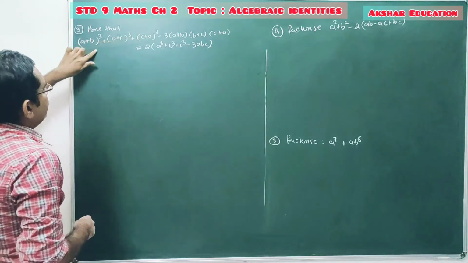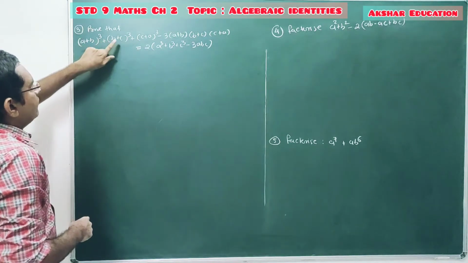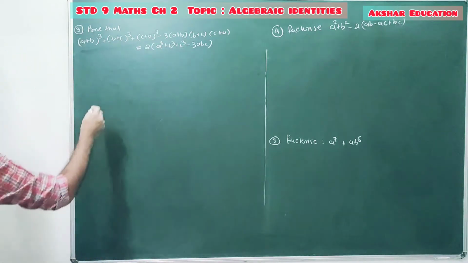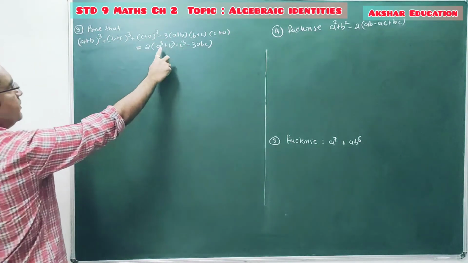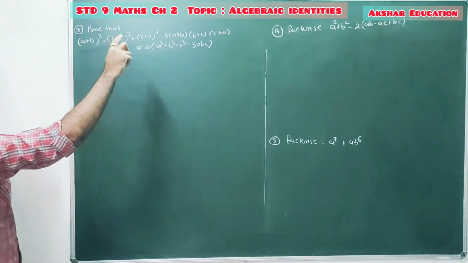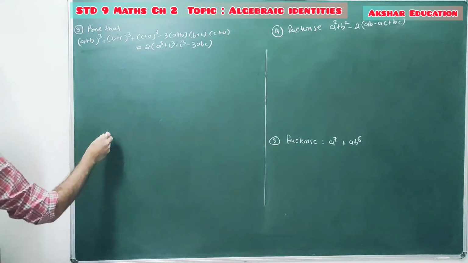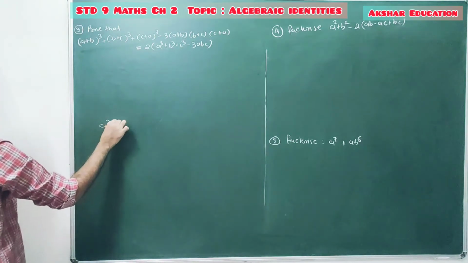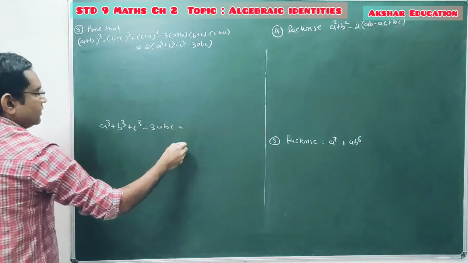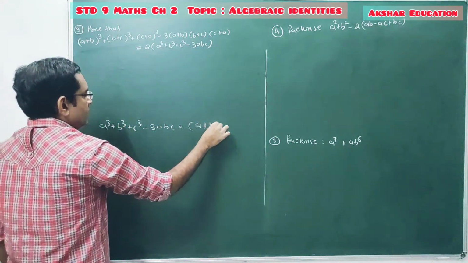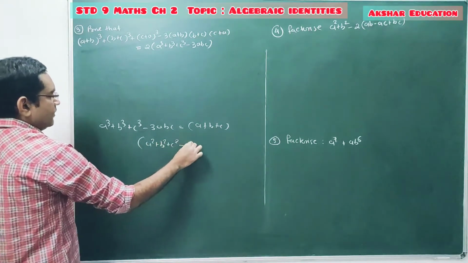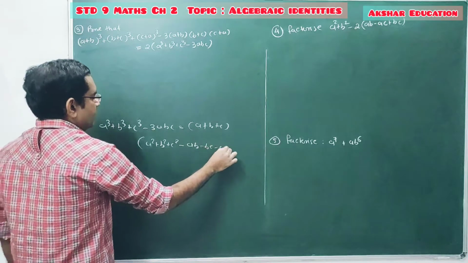see this question carefully. This is in the form of a cube plus b cube plus c cube minus 3abc. This form is there. So what is the factorization of a cube plus b cube plus c cube minus 3abc? Formula is there. It is nothing but (a plus b plus c), then second bracket, (a square plus b square plus c square minus ab minus bc minus ca).